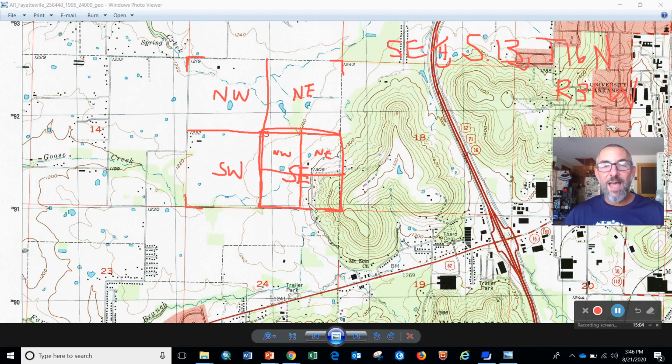So the location of that house, it's actually in the southeast quarter of the southeast quarter of Section 13, Township 16 North, Range 31 West. You give that address to a geology person and they'll know exactly where to go.